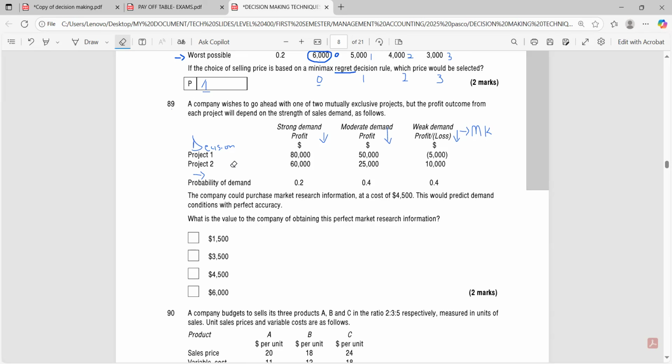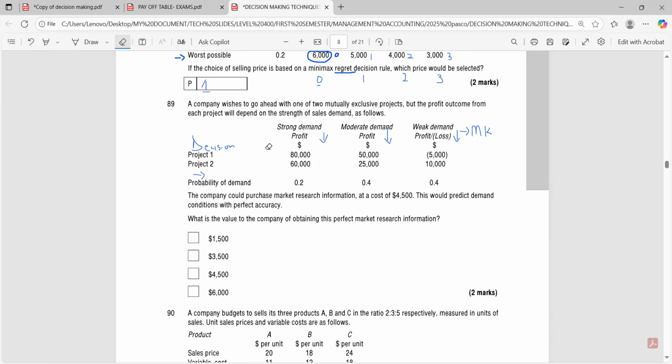Project 2 has 60,000, 25,000, and 10,000 with probabilities of 0.2, 0.4, and 0.4. The company could purchase market research information at a cost of 4,500. This would predict the demand condition with perfect accuracy.